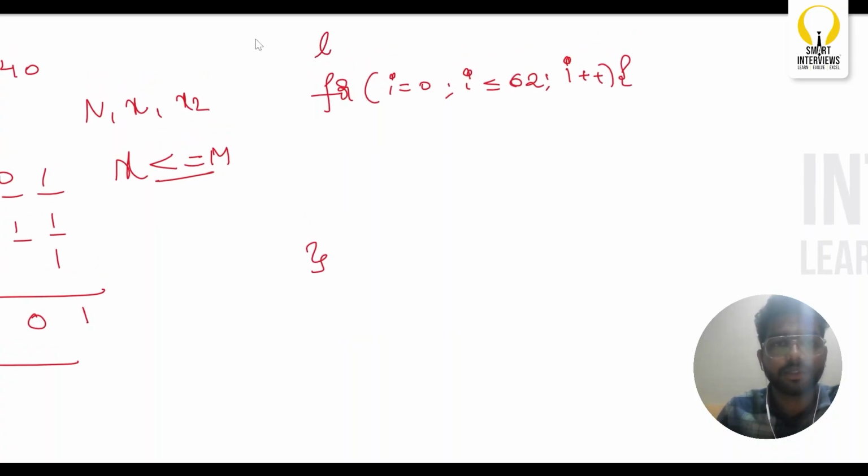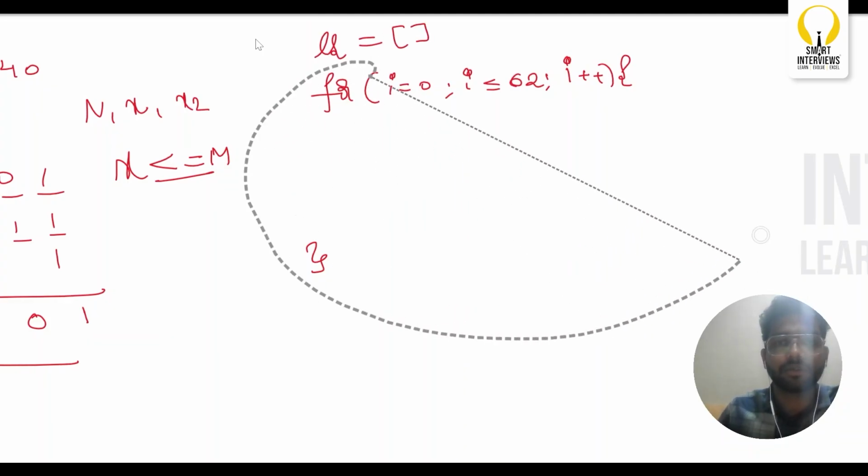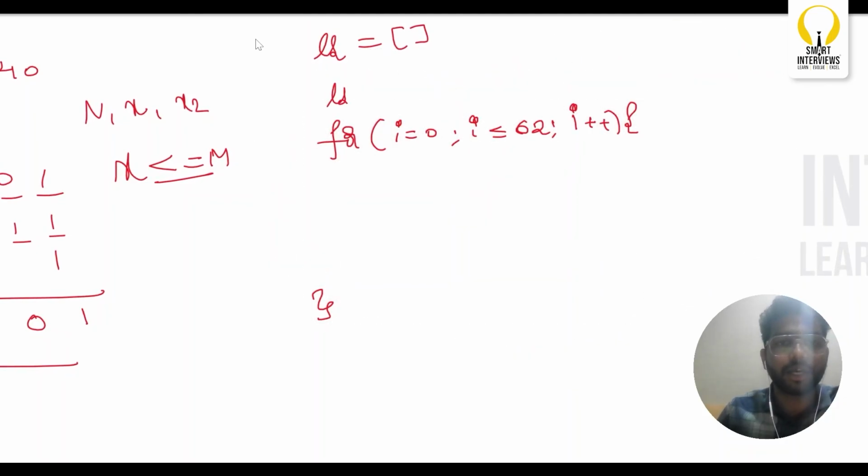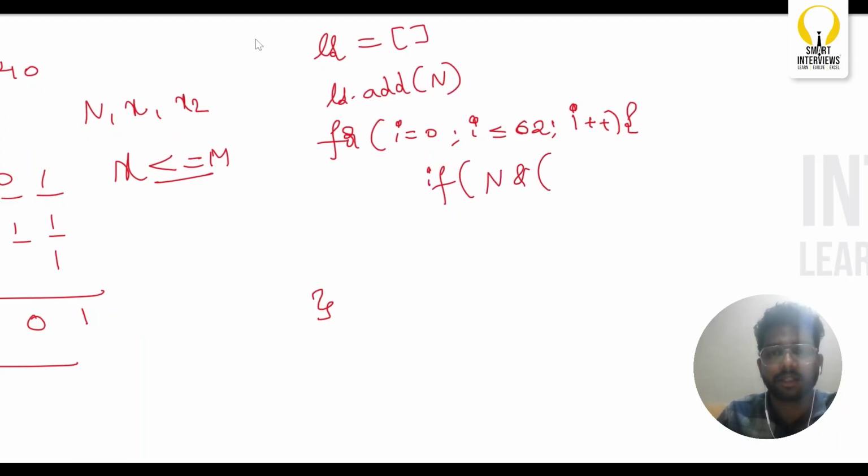in the array list, let's say the list is empty initially. Okay, list can be added with n, because n is a possible answer, right? Now what can I do? I can simply say if the ith bit of n, because I'm using a 63-bit number, I have to use one long shift, and if the ith bit of n is equal to 0, what should I do?